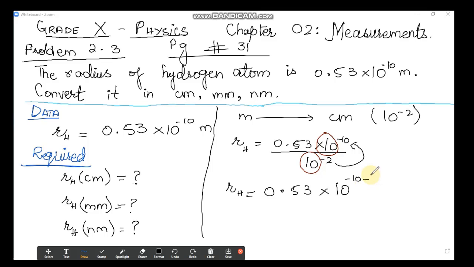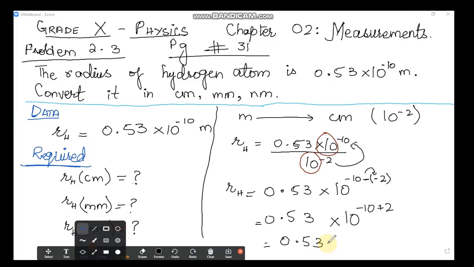But the power coming from the denominator is already negative, so there are two minus signs: -10 minus minus 2 becomes -10 plus 2. The result is 8, with the sign of the bigger digit, that is minus. So the answer will be 0.53 × 10^-8 centimeters.